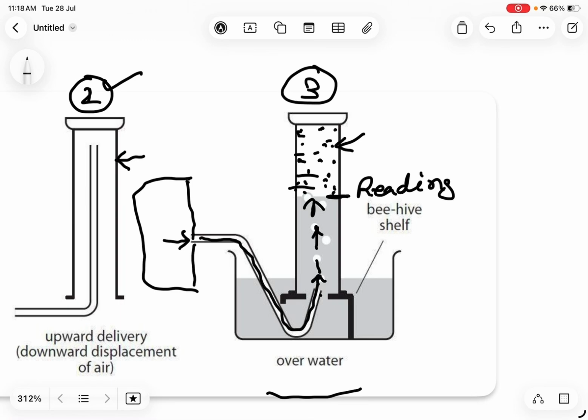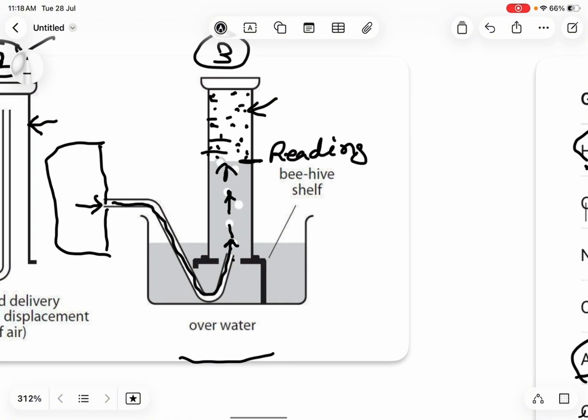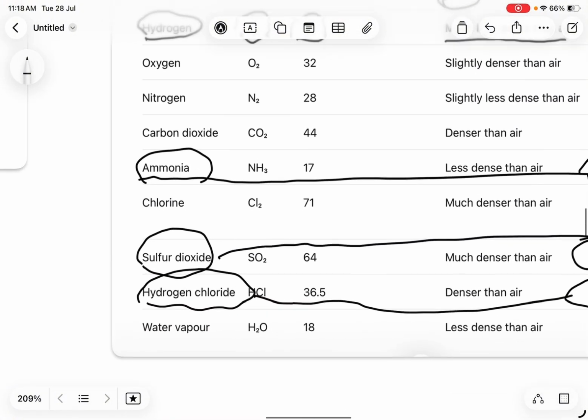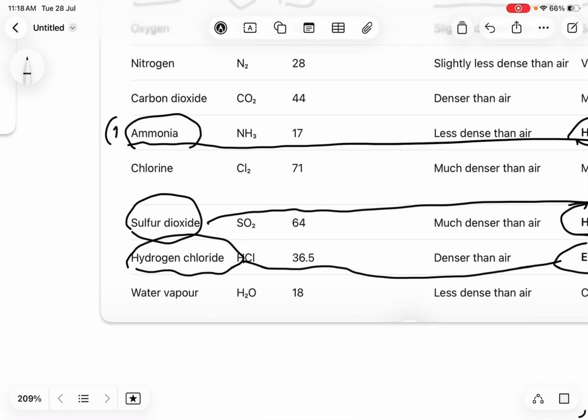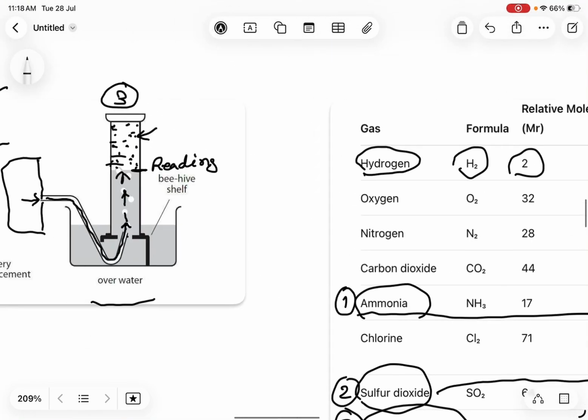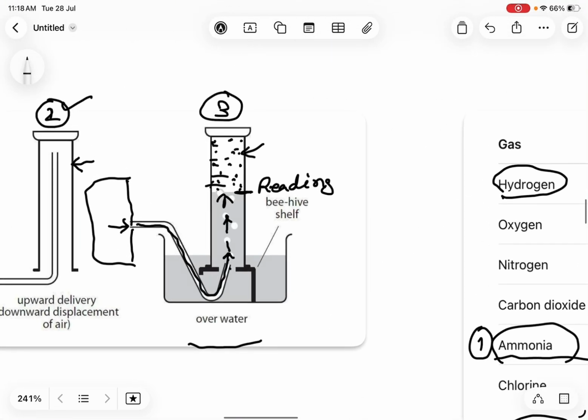But there is one big shortcoming which we discussed just earlier, and that shortcoming is in these three gases. Number 1, ammonia. Number 2, sulfur dioxide. Number 3, HCl. Because these three gases are extremely soluble in water, even if you use this method for them, you are ultimately going to get these gases dissolved before they reach the top.